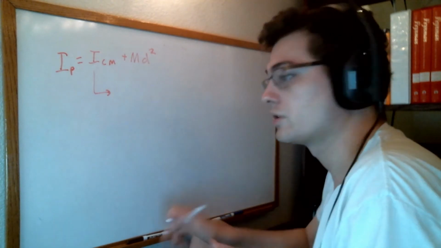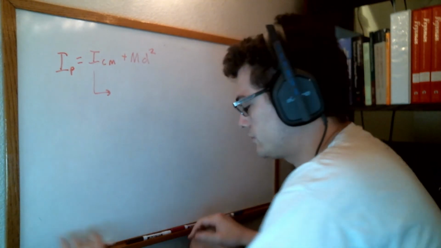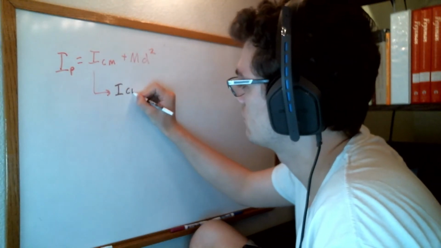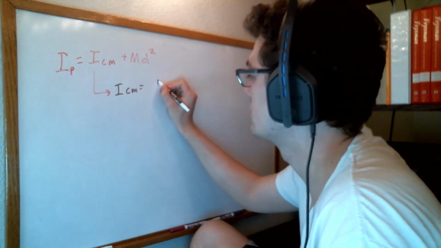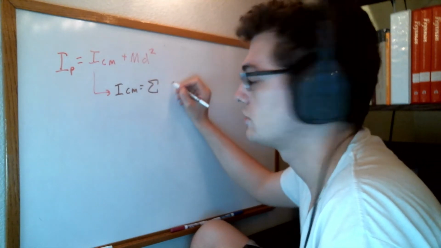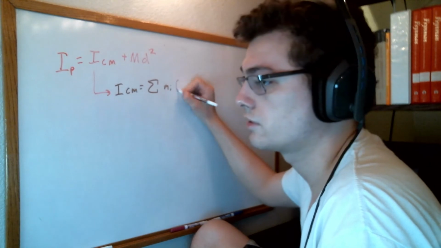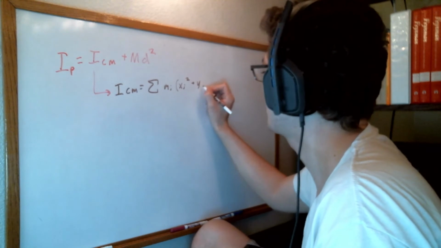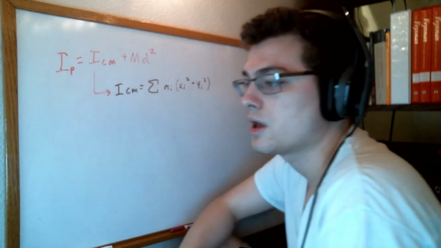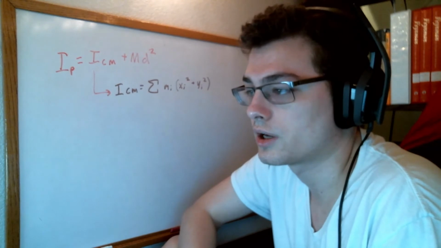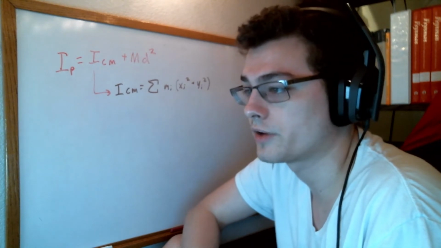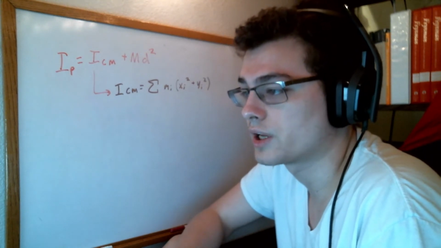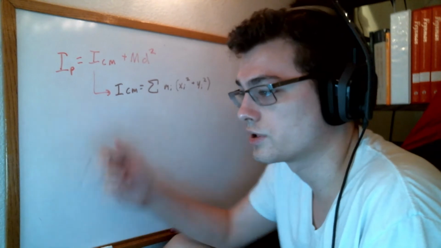let's get a better marker. ICM is going to be sigma mi times xi squared plus yi squared. And so what we're doing is we're writing this expression for the moment IP about the axis through a point P. And we're letting mi be a mass element in our slice with the coordinates x, y, z.